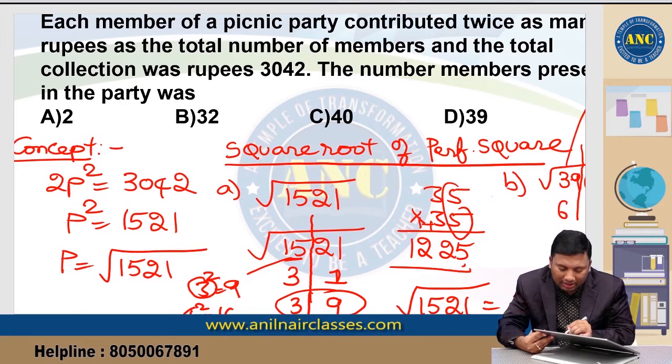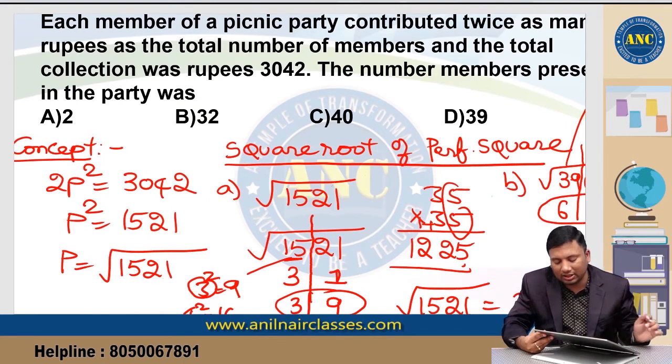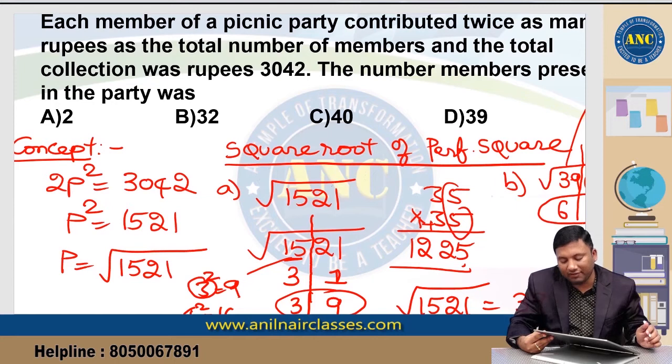It will be either 63 or 67. But if you see 65 into 65, 5 5s are 25, add 1, 7 6s are 42, so 4225. 63 square is 3969. So the answer is nothing but 63.